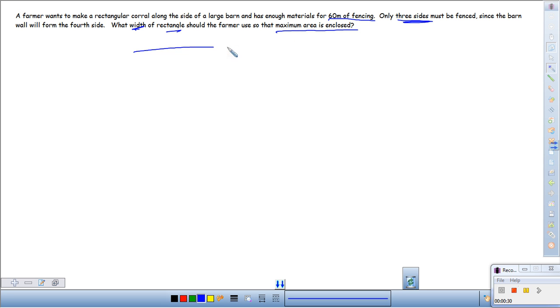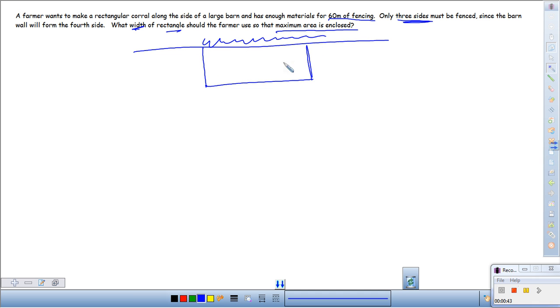So if that's my barn wall, and that's where the animals are, I only need to fence on 3 sides. So I have 1, 2, 3 sides. Now let's look at our rectangular shape over here.